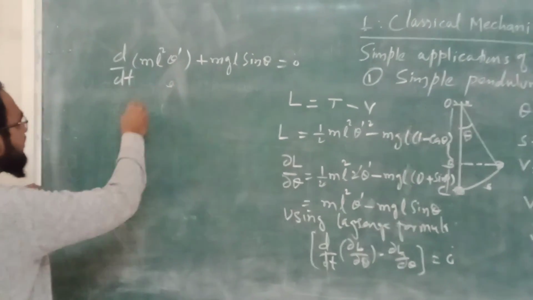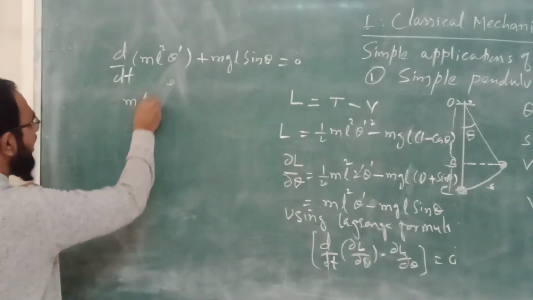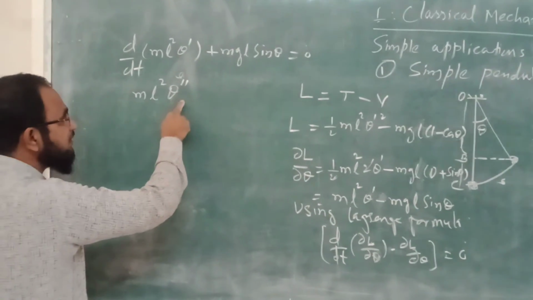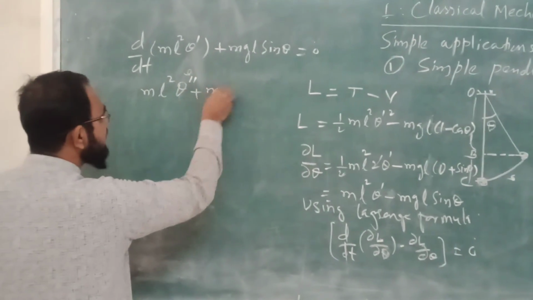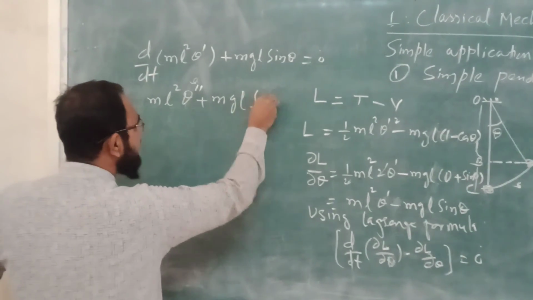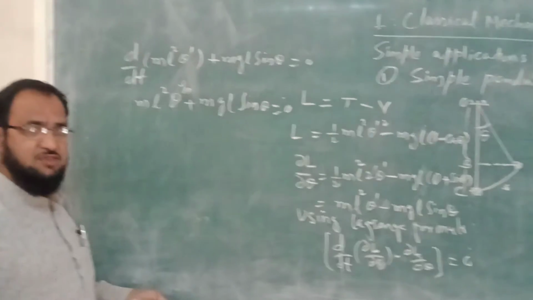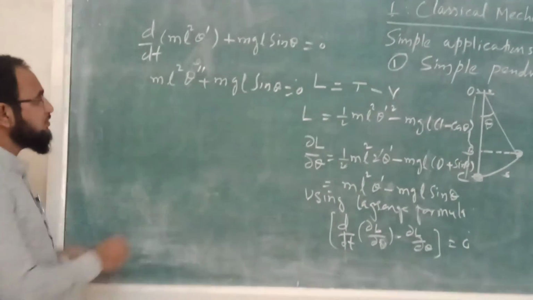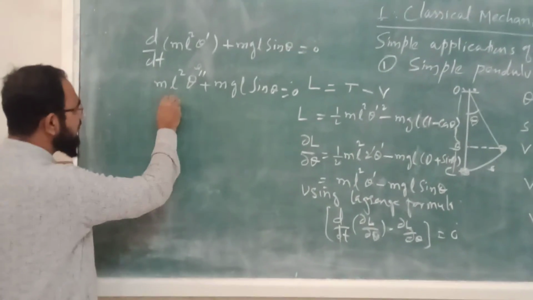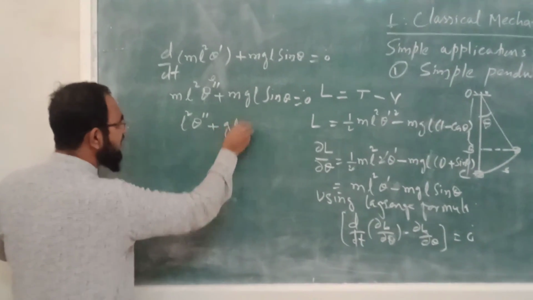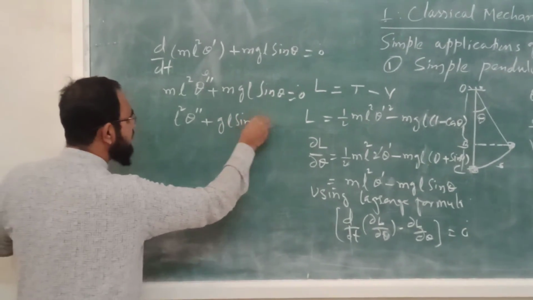If I differentiate this, you will get m L square theta double dash plus mgL sine of theta equal to 0. Divide by m: L square theta double dash plus gL sine of theta equal to 0.